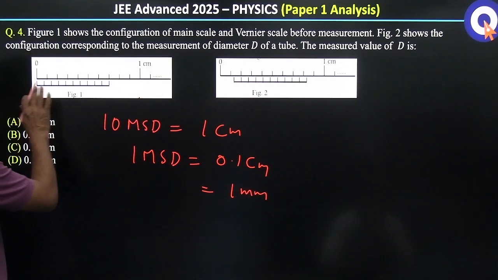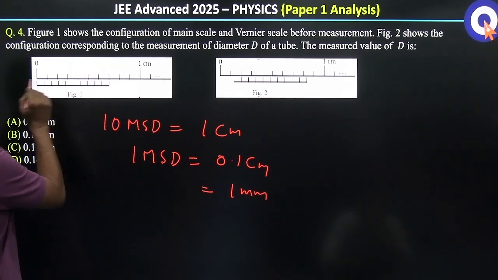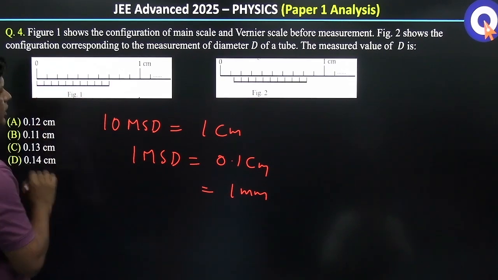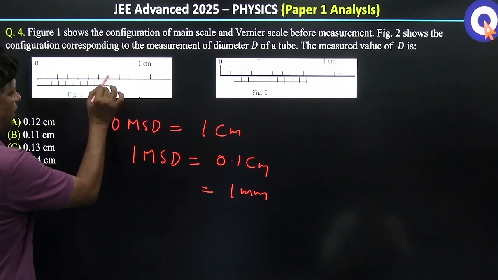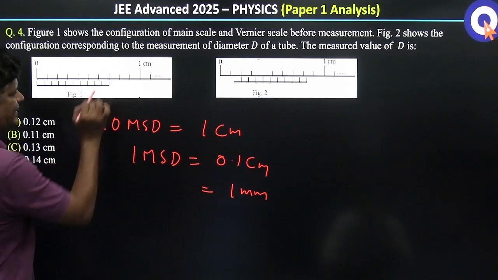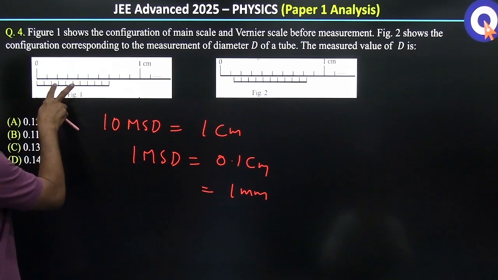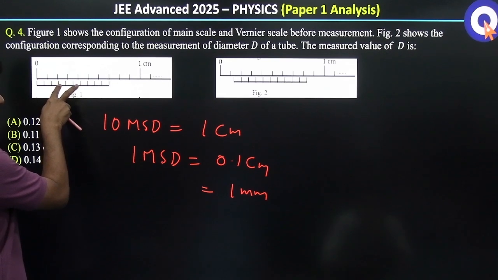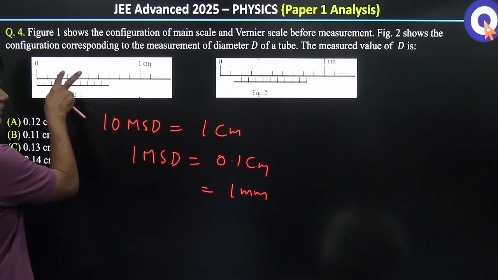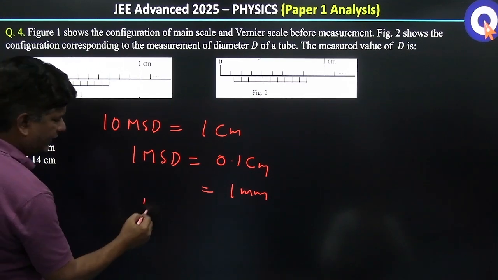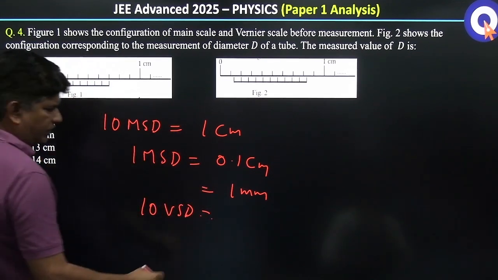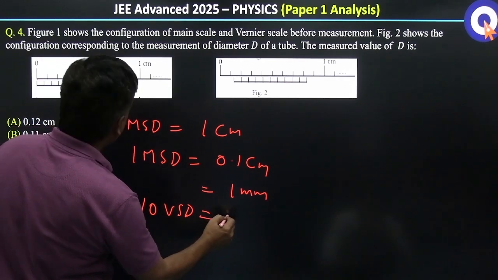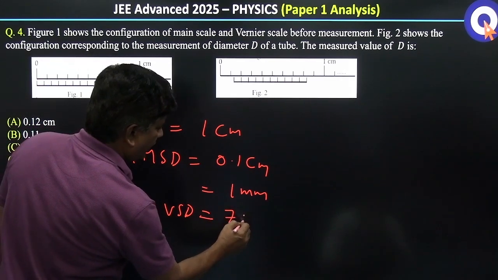Now, if you observe carefully, in the vernier caliper scale that is given to us, again there are 10 divisions, but those 10 divisions of the vernier calipers end at 0.7. That means 10 divisions of vernier calipers are equal to 0.7 centimeters, or 7 divisions of the main scale. So 10 vernier scale divisions are equal to how many? 7 main scale divisions.